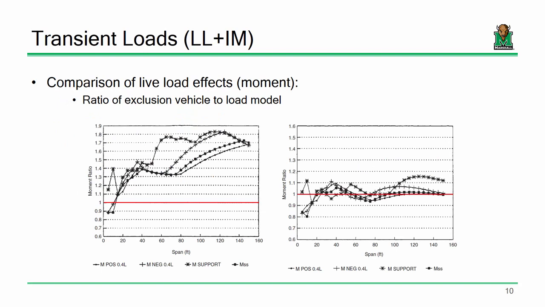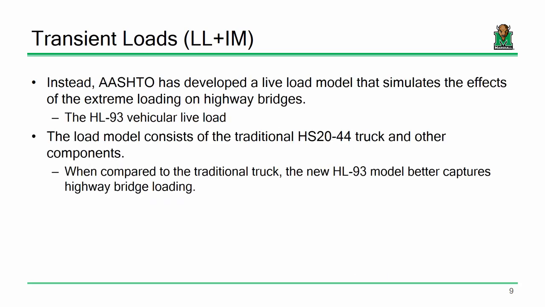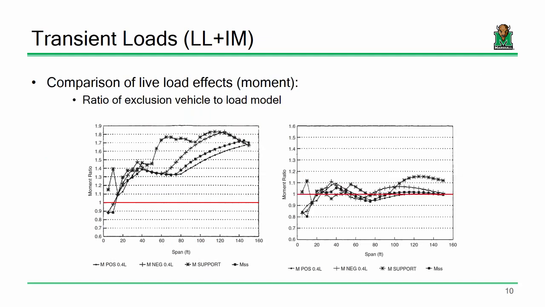So what's going on here on this graph is you've got 2 graphs, one on the left, one on the right. Now the one on the left is basically showing you what was happening with the bridge code, the specification, before we adopted LRFD. And before we adopted LRFD, we were using this load model that was developed, HS2044, it was developed in 1944, okay? And what was happening was this.